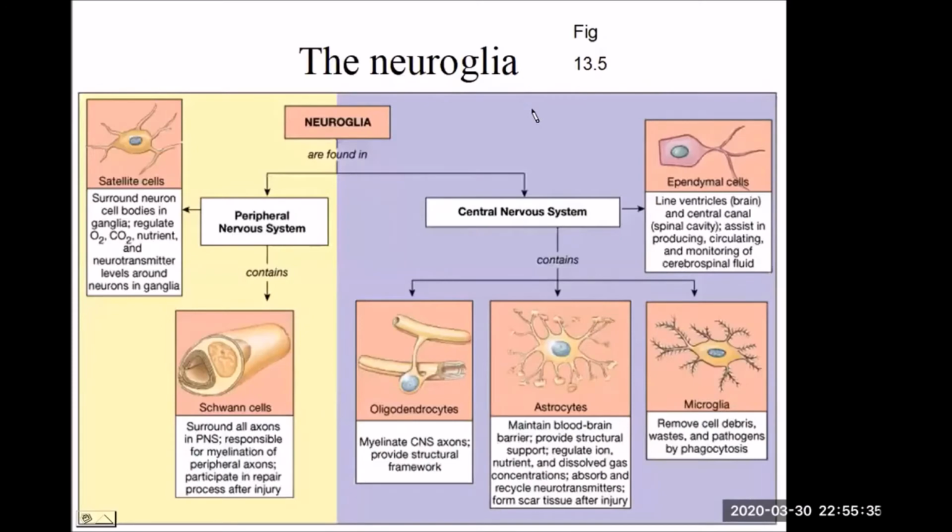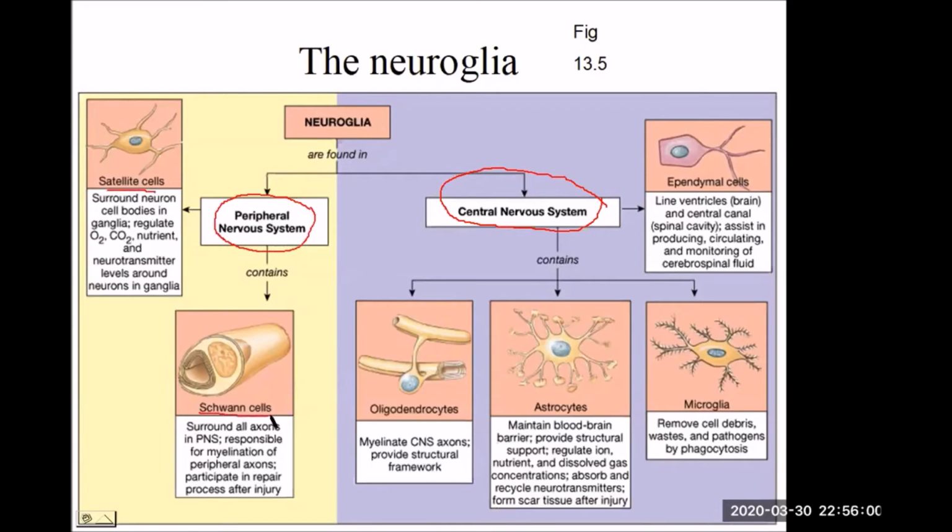So now we'll move on to the supporting cells, the more common neuroglial cells. And the first thing that we want to point out is they're divided by location. So there's central nervous system, meaning brain and spinal cord, and then PNS, peripheral nervous system. These two are not in the brain or spinal cord.